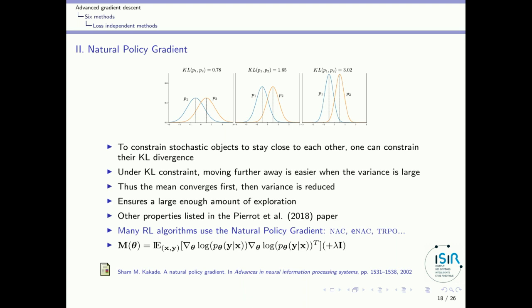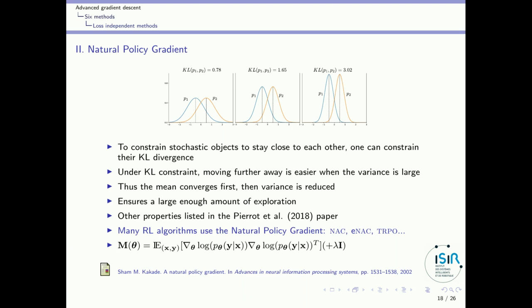Some other properties are listed in the paper that is the basis of this presentation. And the idea is that many reinforcement learning algorithms are using natural policy gradient. That's the case of the natural actor-critic and episodic natural actor-critic algorithms from Jan Peters, also relative entropy policy search, TRPO, etc. There are many more.